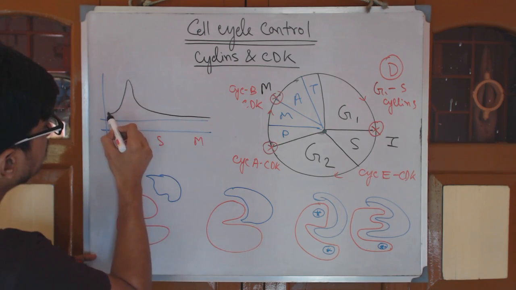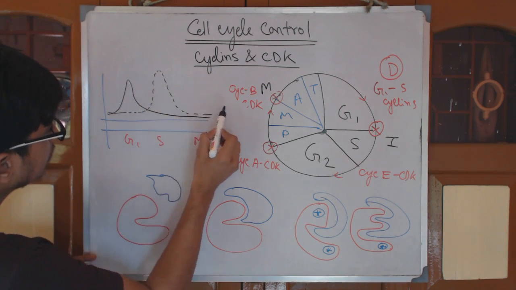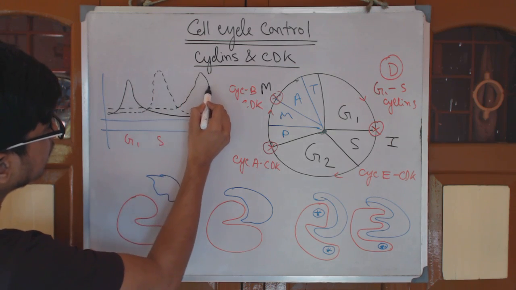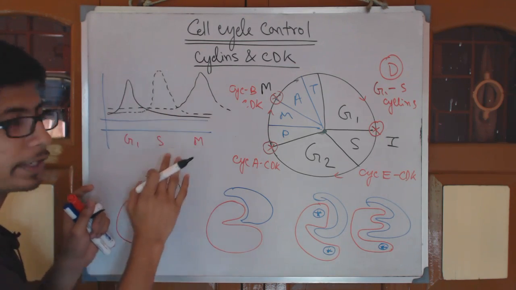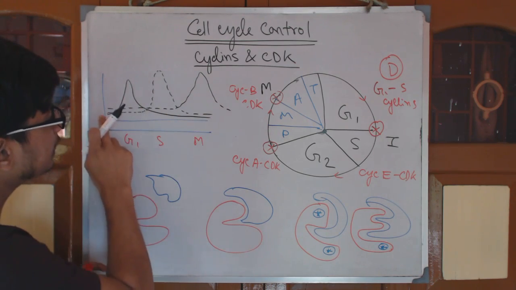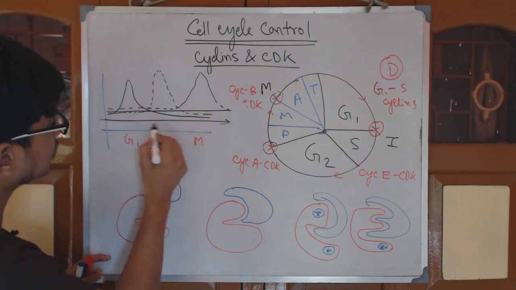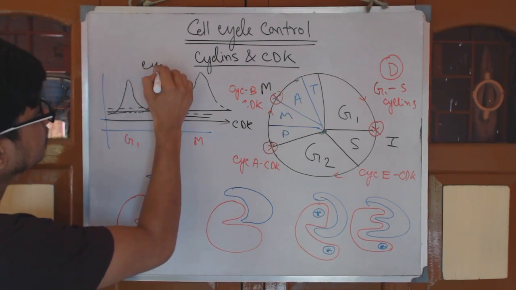S phase cyclins will be very low and then rise. M phase cyclins will be rising at the end. So you'll see different graphs for different types of cyclins, but the CDK is always present at a nominal level. This one is for the CDK, and these are the cyclins.